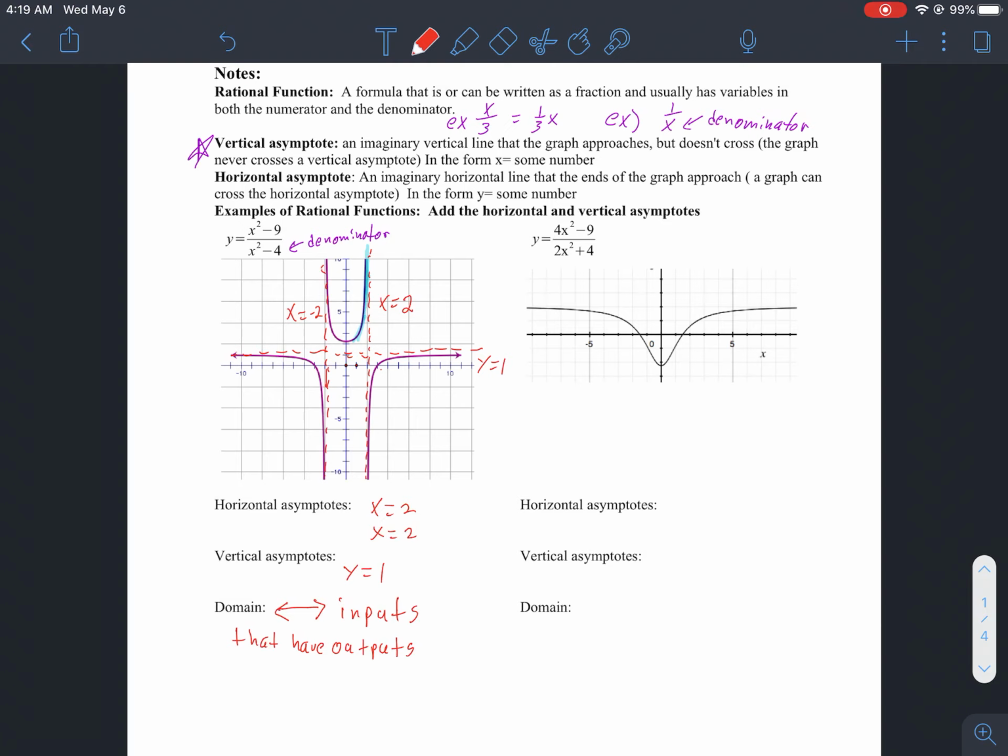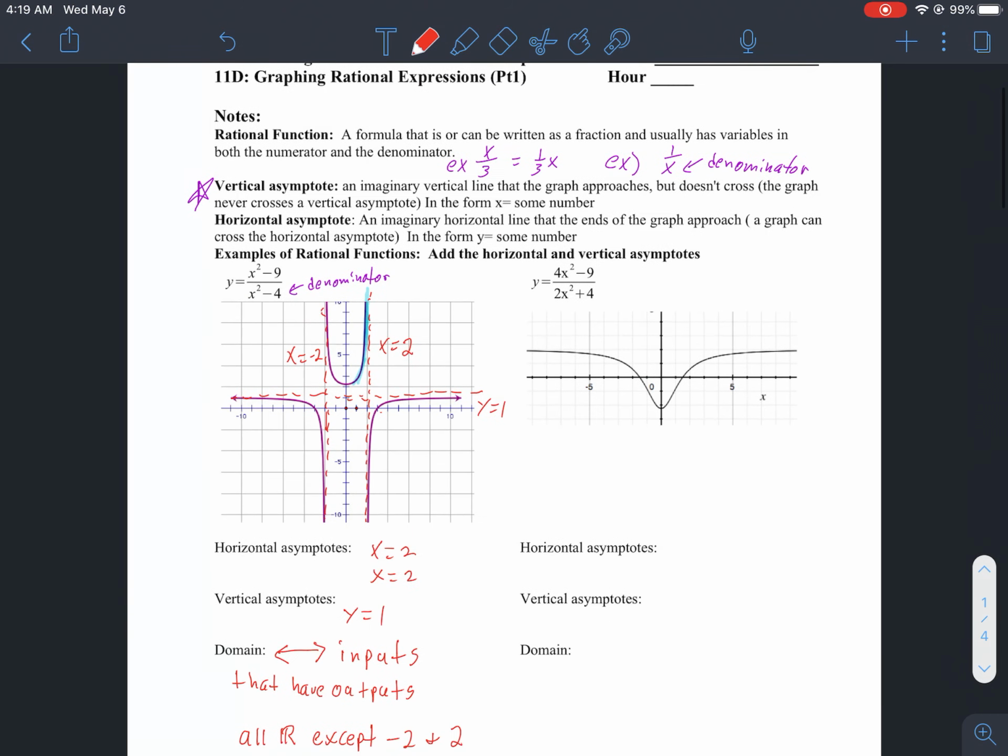So in the graph above, every input, all real numbers, every input has an output except -2 and 2. So in asymptote, there's no output. So the dotted line reminds us that we can't cross over that.